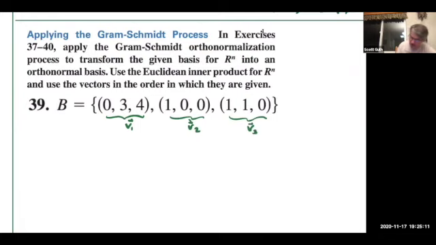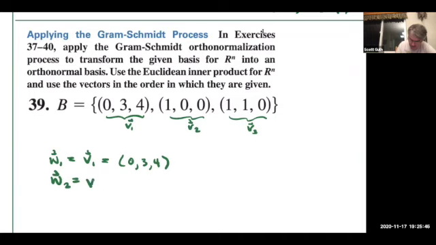And the Gram-Schmidt process goes something like this. We would let W1 be V1, so that's just going to be 0, 3, 4. Now W2 is already going to be orthogonal to W1. I'll go through the process.